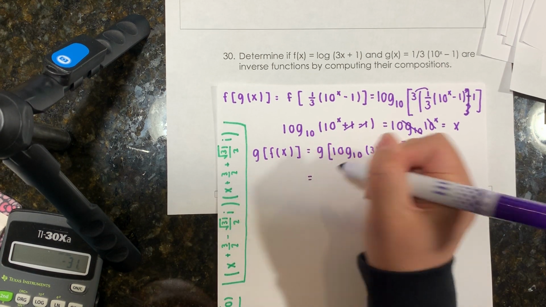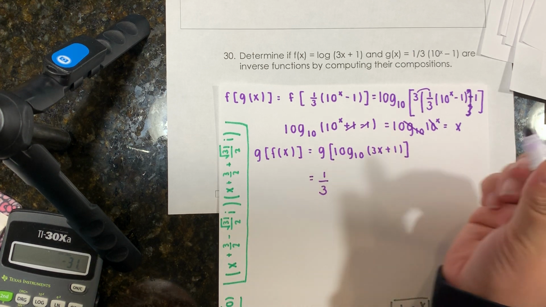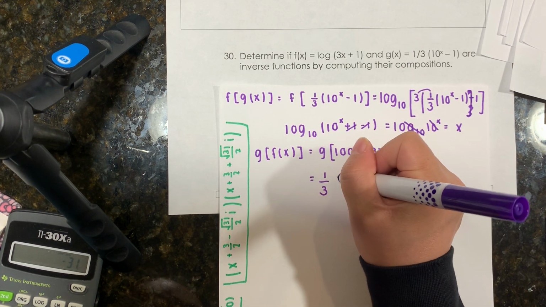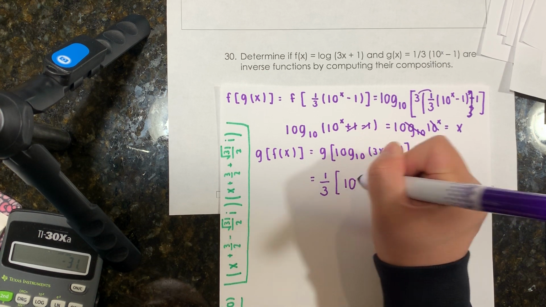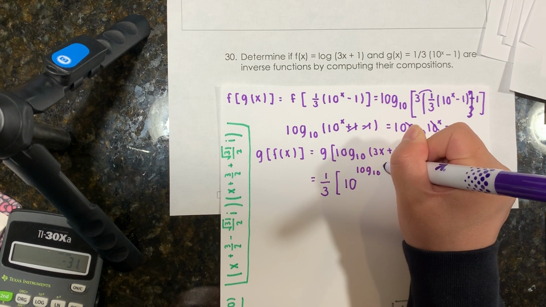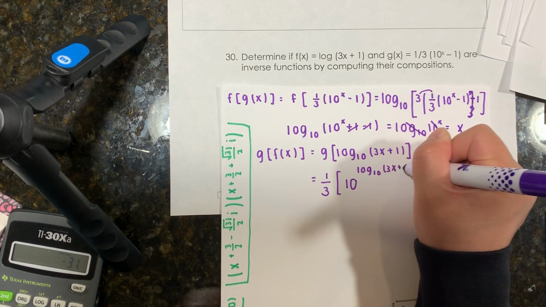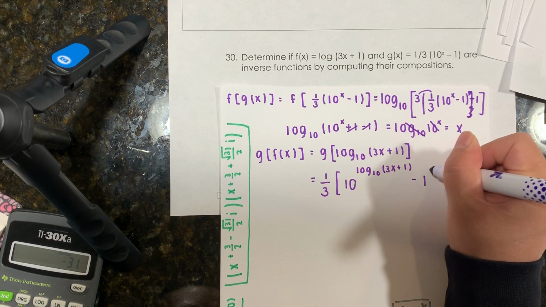This is very confusing. So it goes into the g function. So this would be 1/3 times 10 to the power of log 10 of 3x plus 1 and then minus 1.